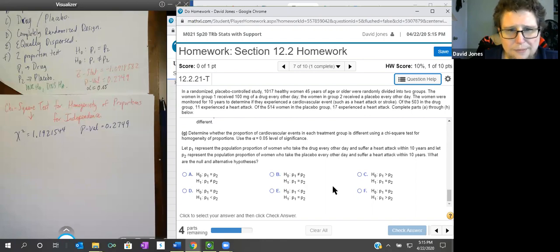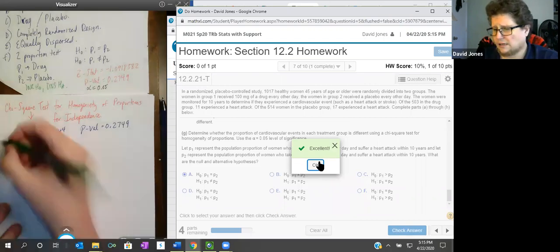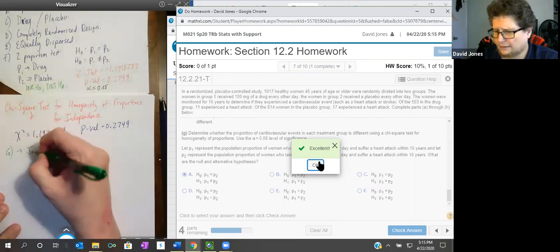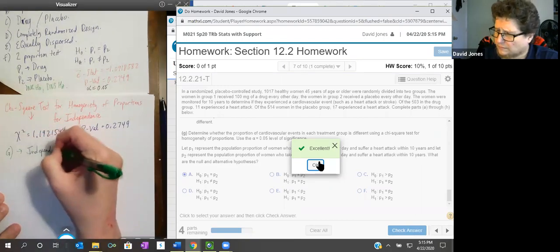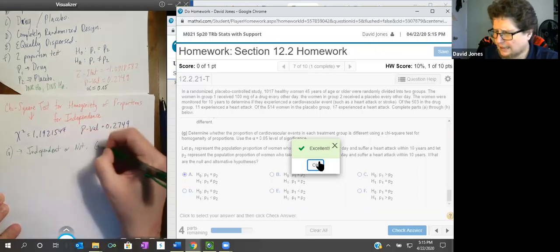It's not supposed to be P1 and P2. Let's go back to that one now. That problem messed up. G should be independent or not. It looks like it glitched.